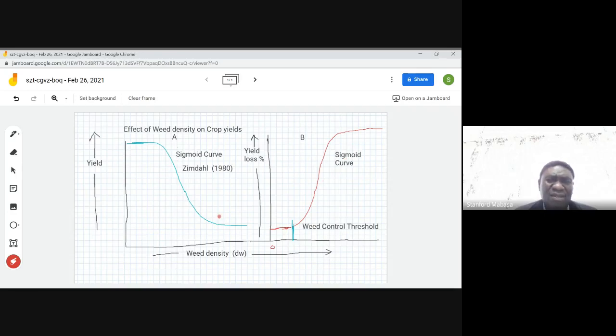But there are a group of scientists who think this can be used in weed management. So let us look at the other situation. We will still plot yield versus weed density and yield loss versus weed density.